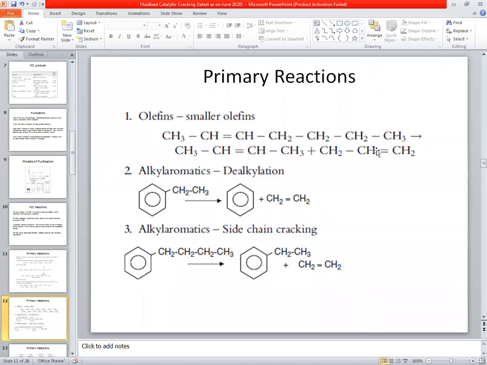olefin, whatever is produced from the higher hydrocarbon, maybe a very long chain, then divides into two parts. See here, 1, 2, 3, 4, 5, 6, 7.